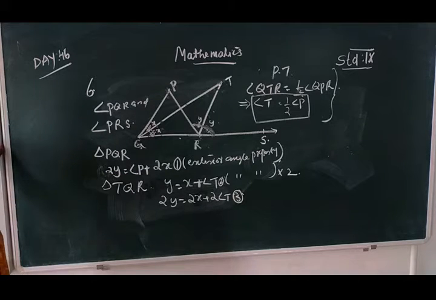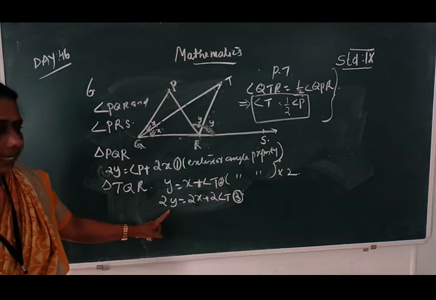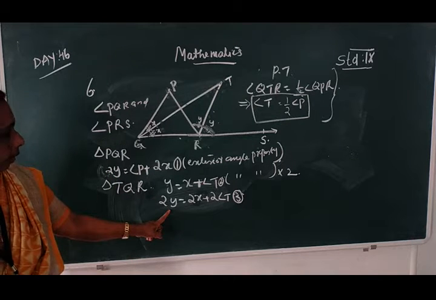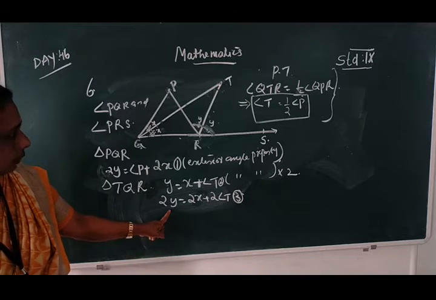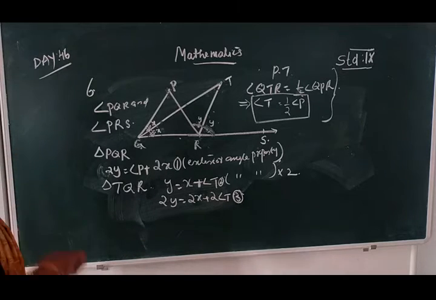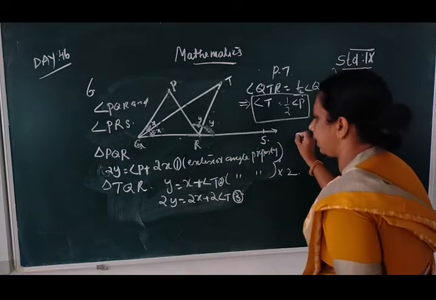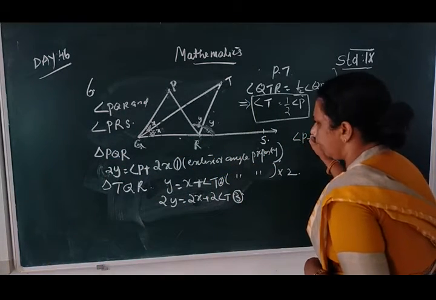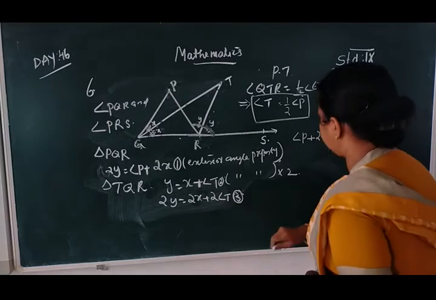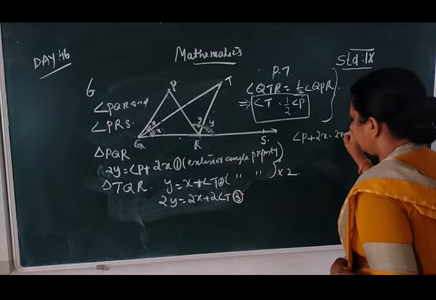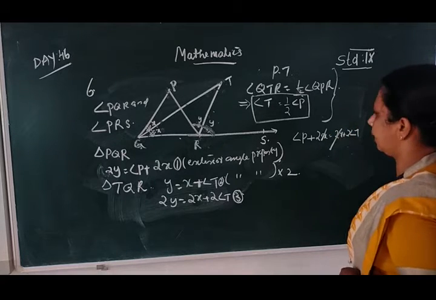From equation 1 and 3, left hand sides are equal. So we are equating the right hand sides of these equations. The right hand side of the first equation is angle P plus 2x, equal to 2x plus 2 angle T. 2x cancels.